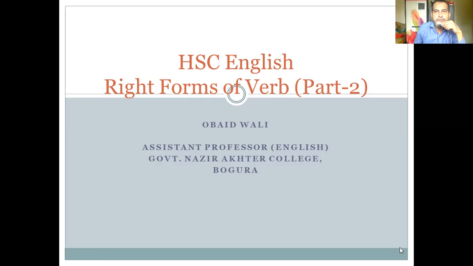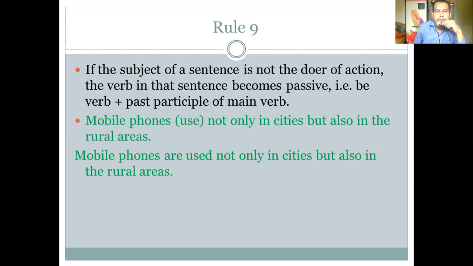Now we move on to our today's main discussion, the right forms of verbs. In our earlier classes, we discussed 8 rules. Today we'll start from rule number 9. Rule number 9 is about the passive voice.